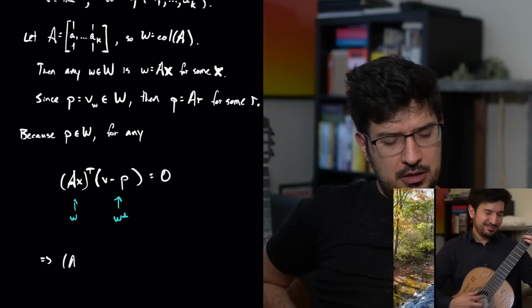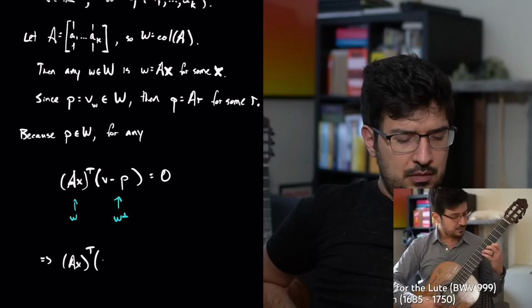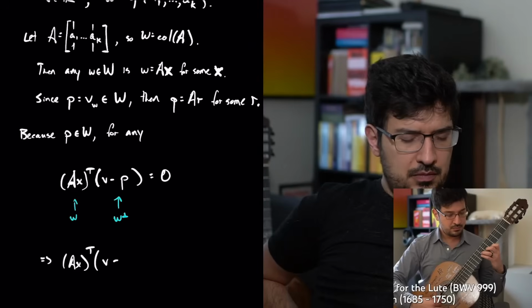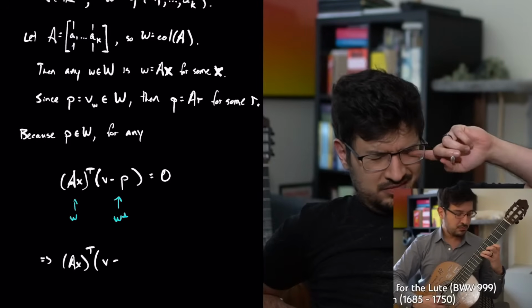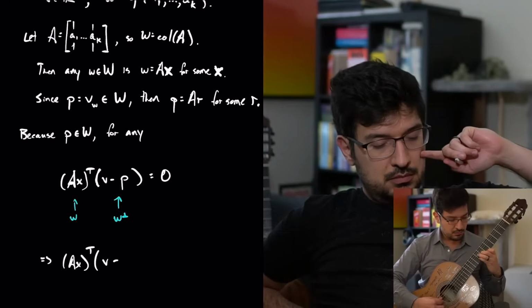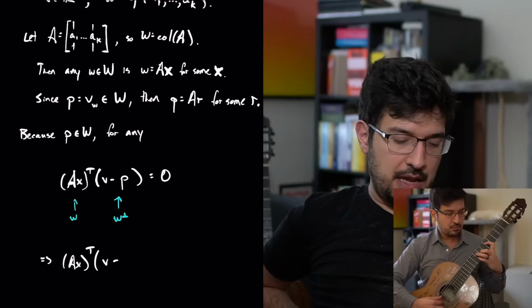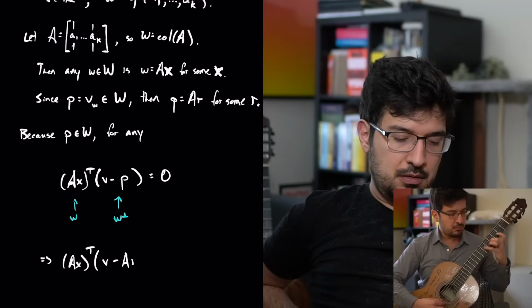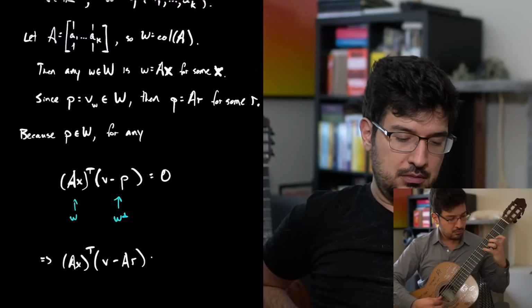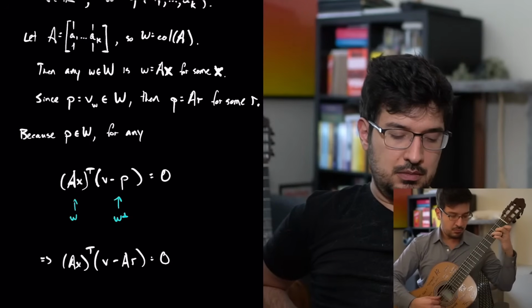And this can be rewritten as V minus A R equals 0.